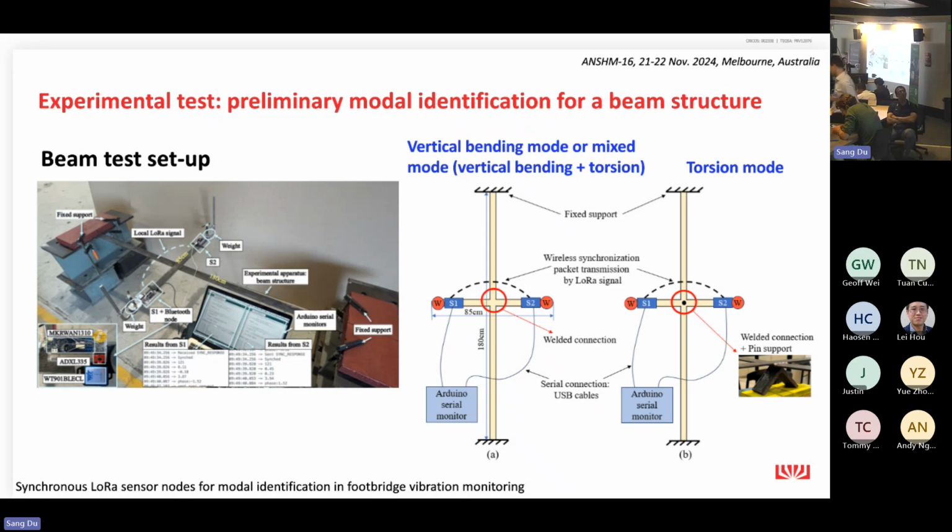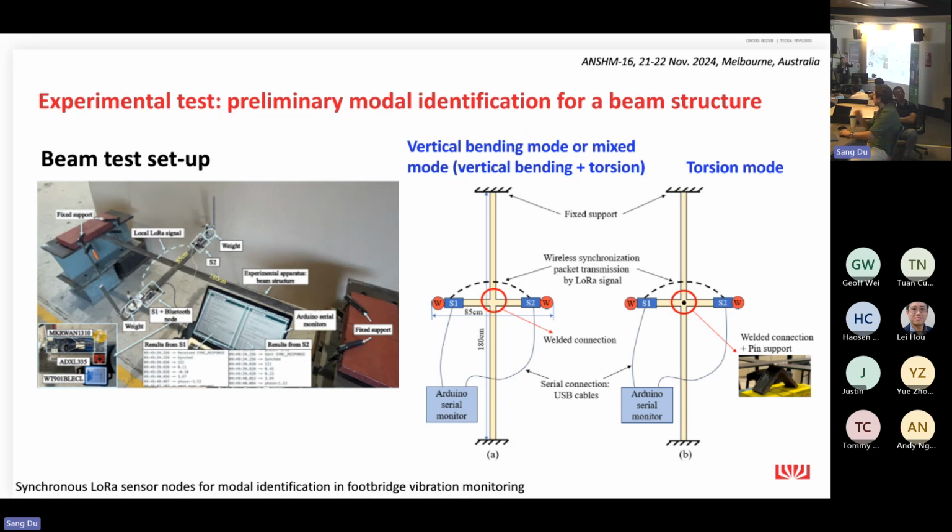Using setup method A, we can press the middle part, the weld connection, down and release it immediately. In this way, the cross beam has a vertical bending motion. In the vertical bending mode, S1 and S2 experience the same direction of motion, so their phase difference would be 0.